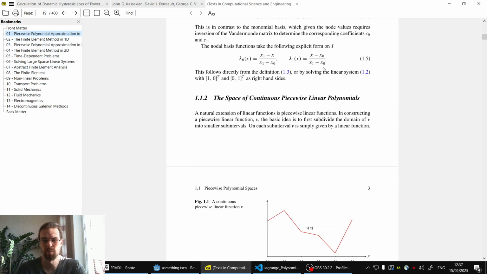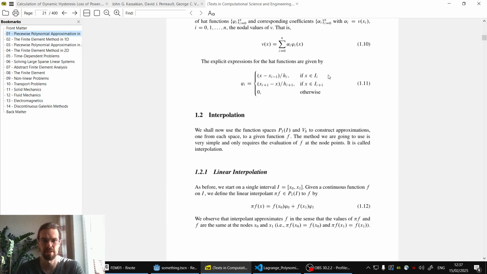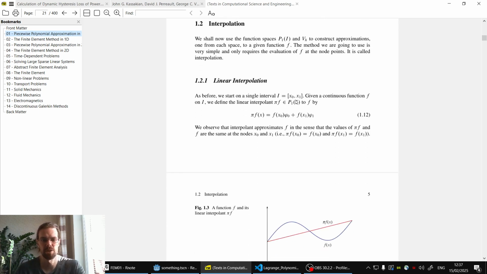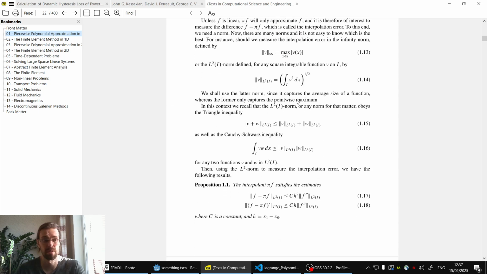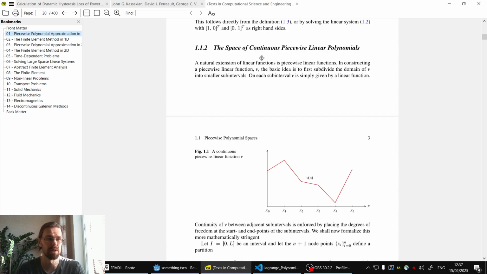And they show practical implementations of simple algorithms. For example, I've started from the beginning, and I'm trying to learn how to solve one-dimensional problems. So if you wish to learn finite element, I think this is an amazing book to recommend.